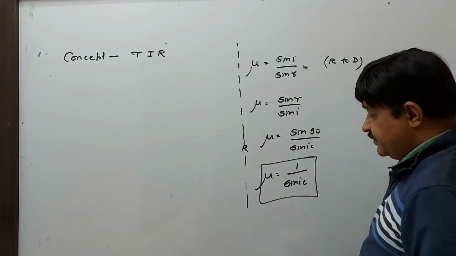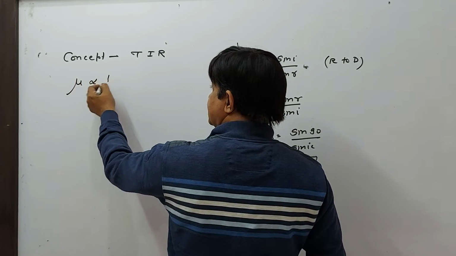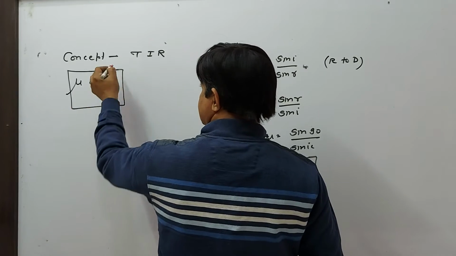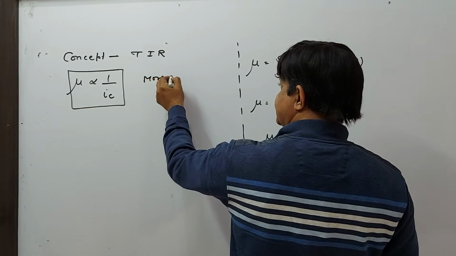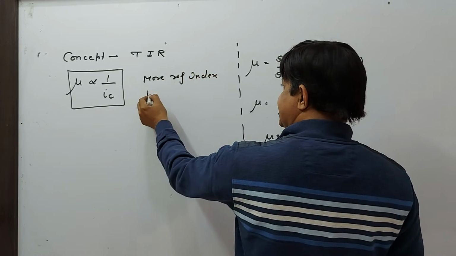It shows that mu is inversely proportional to critical angle. More refractive index, less critical angle.